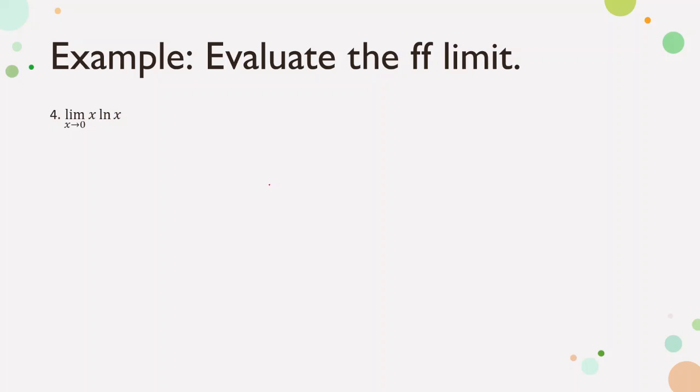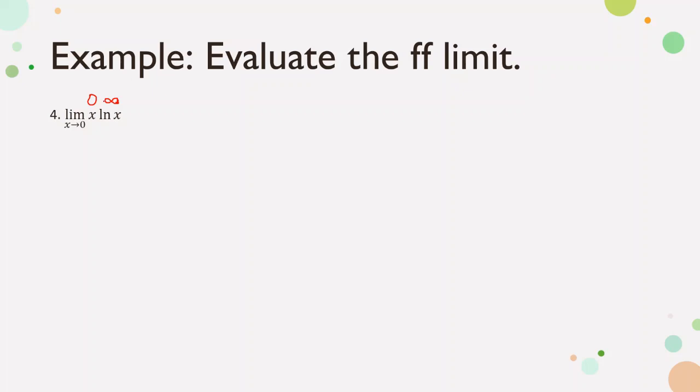We have here, evaluate the following limit. We have, as limit of x approaches 0, x ln x. Now if you try to substitute your limit here to our function, x would become 0 because you have substituted the limit for the x. And when you calculate ln of 0, that is infinity.